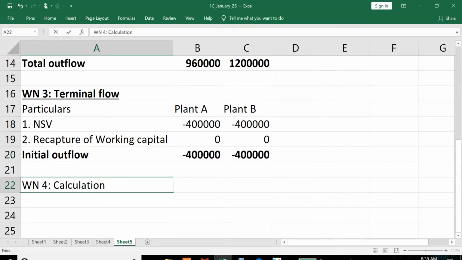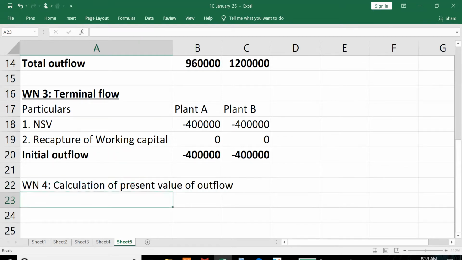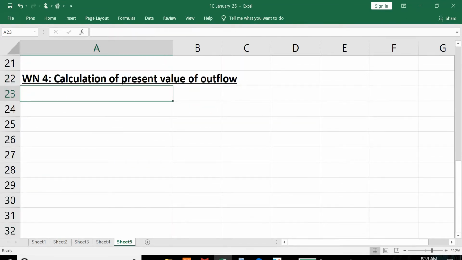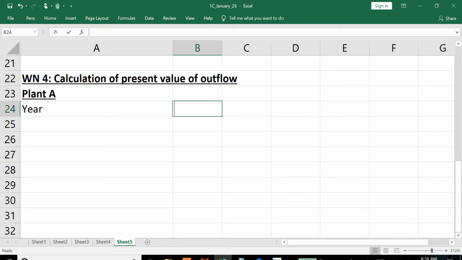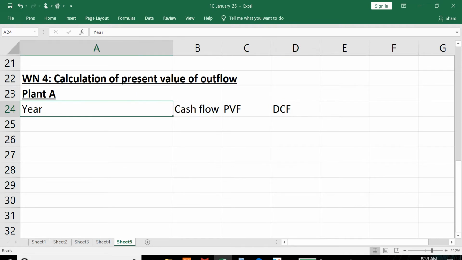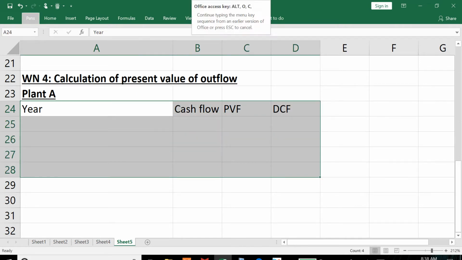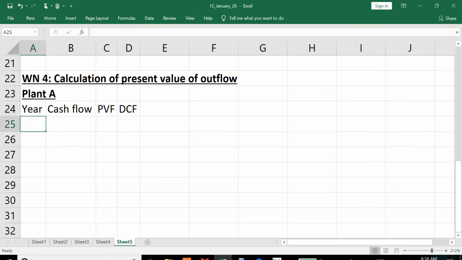Calculation of present value of outflow.